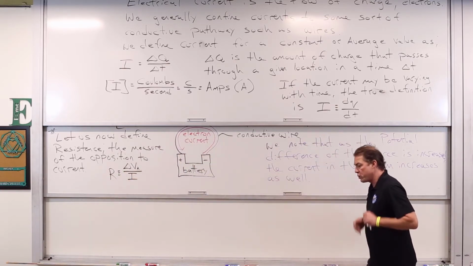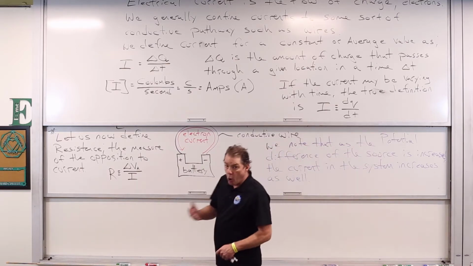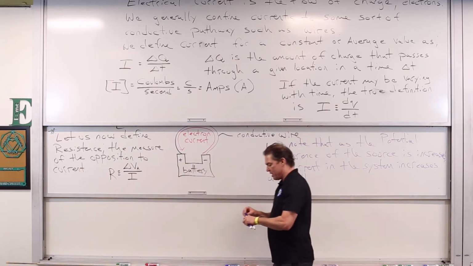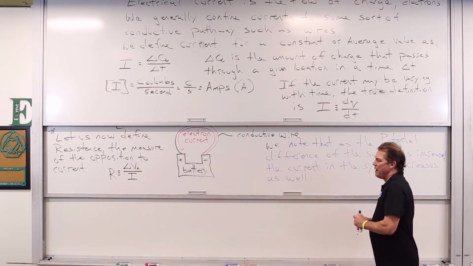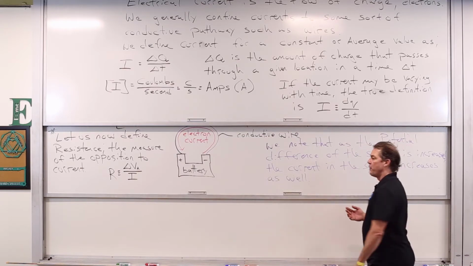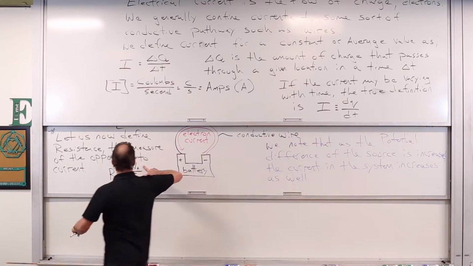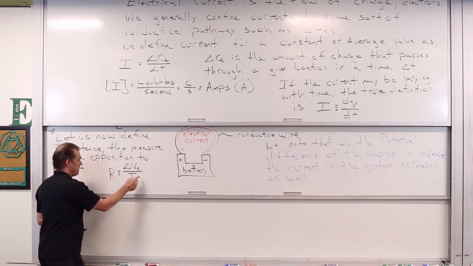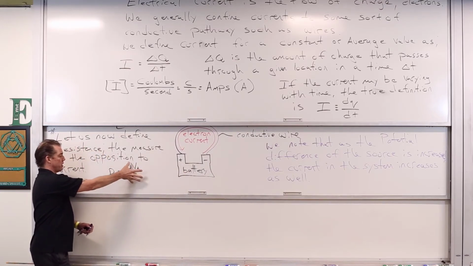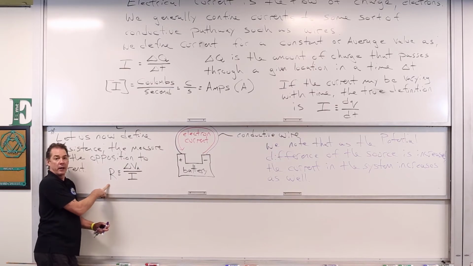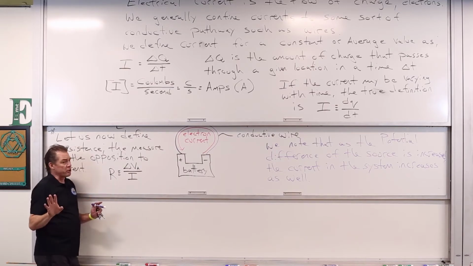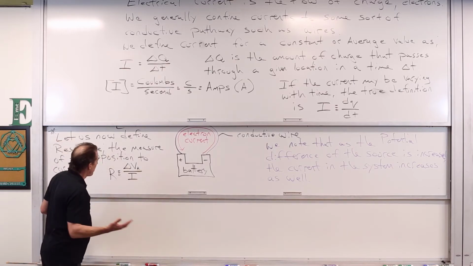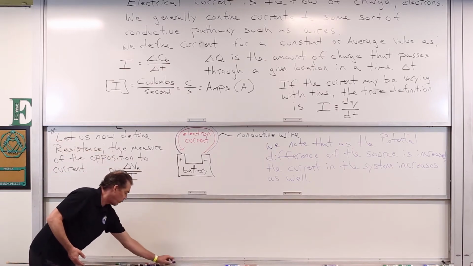And that ratio defines the resistance of that material for that particular association. Now, for certain materials, generally called ohmic materials, the resistance is pretty constant. We increase this, this increases as well, such that the ratio always defines the same quantity. Not all materials behave like that, but a lot of them do. And that's nice because we can get a one-to-one effect.